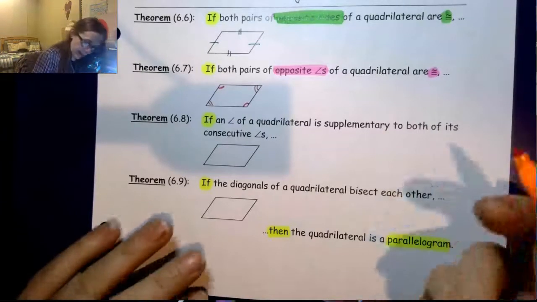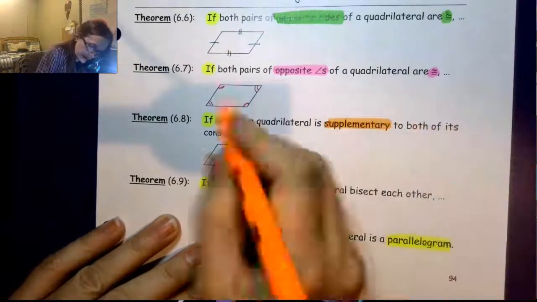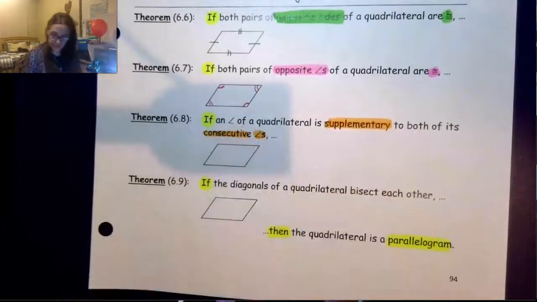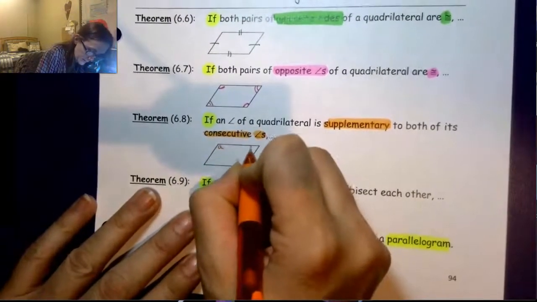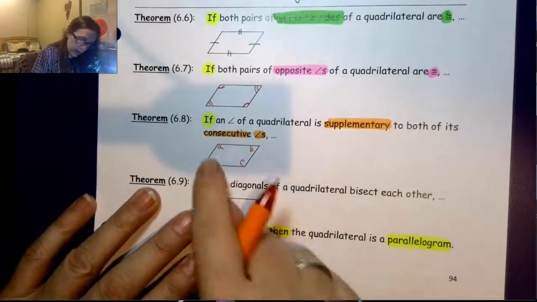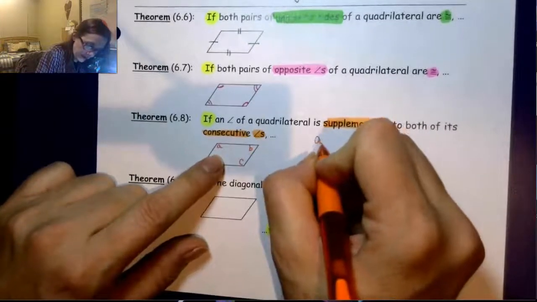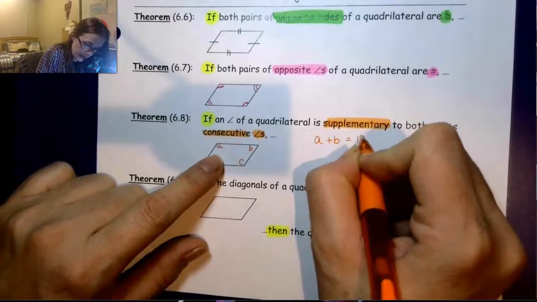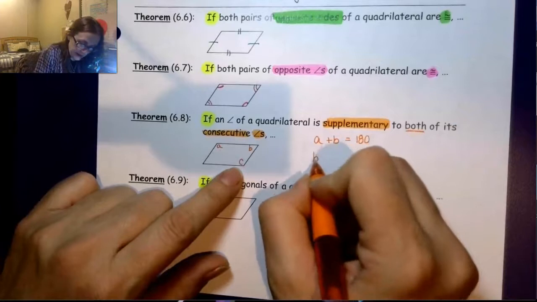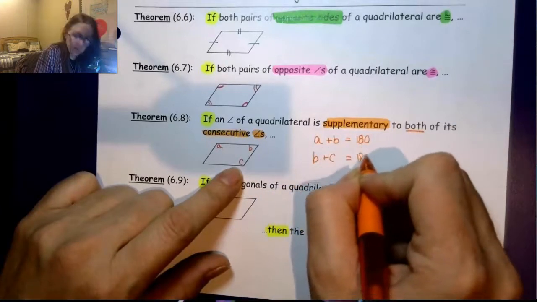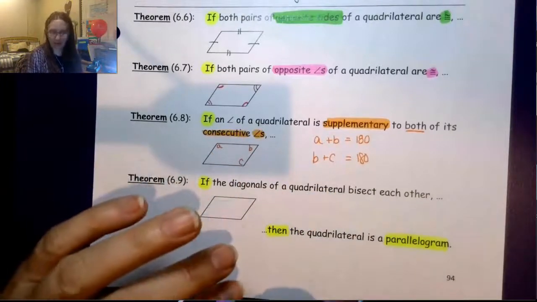If a quadrilateral has consecutive angles that are supplementary, and consecutive means in order. So if A plus B add up to 180, and you need both pairs, so B and C add up to 180, then I know I have a parallelogram.